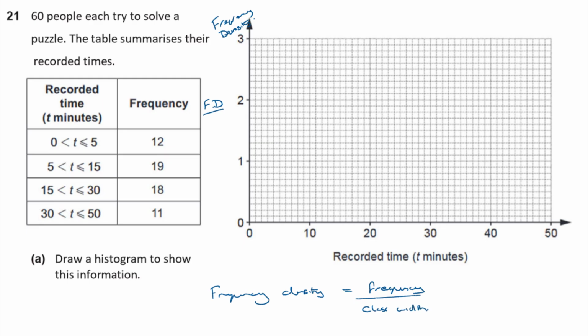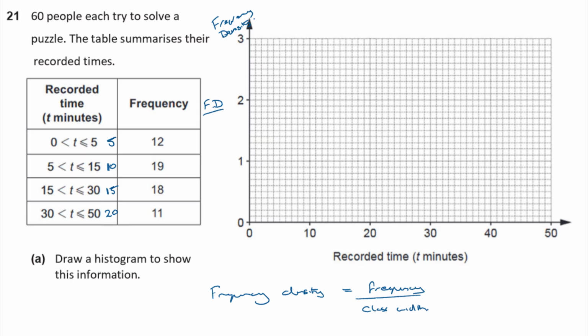So to work out the frequency densities, we need to know how wide each of the classes are. The first class goes from 0 to 5, so it has a width of 5. The second class goes from 5 to 15, so that spans 10 units. 15 to 30 has a gap of 15, and 30 to 50 has a gap of 20. Okay? So to work out frequency density, we're going to divide frequency by class width.